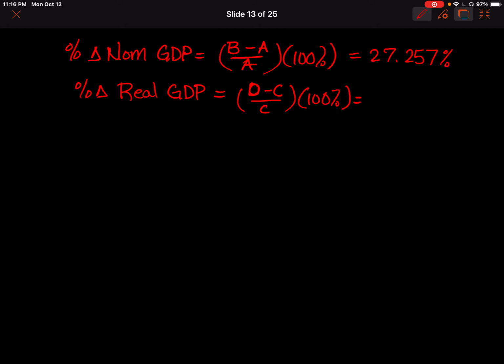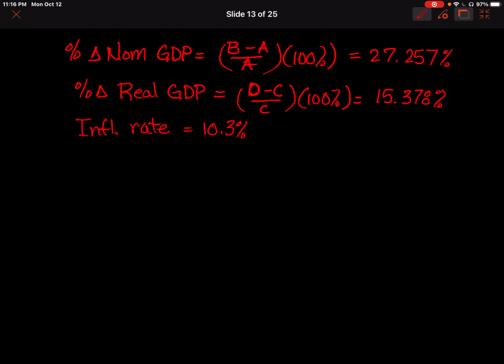And that would be the number that you should come up with, 15.378%. And we already saw that the inflation rate, according to the deflator, was 10.3%.